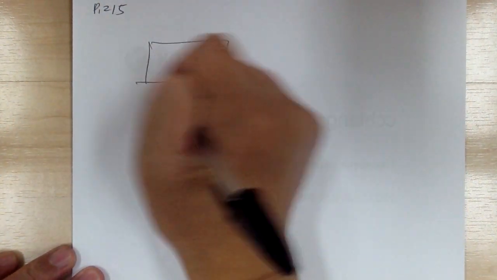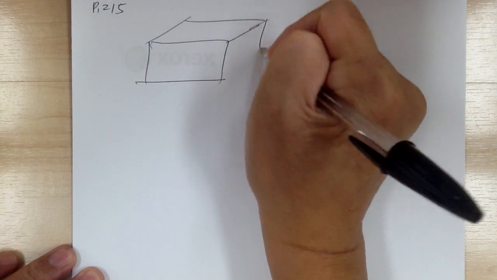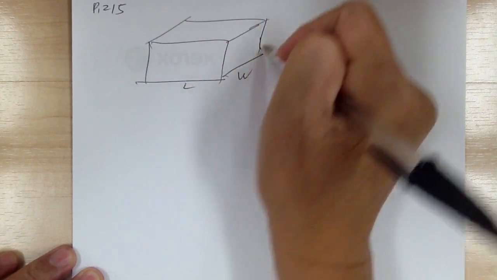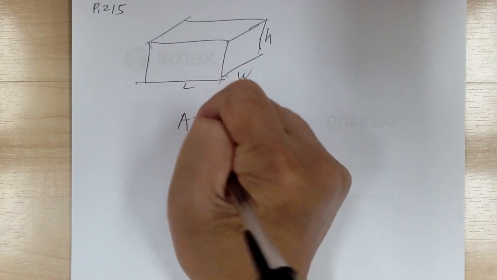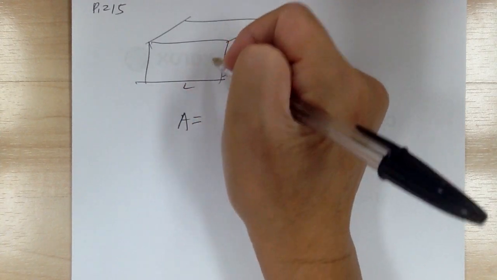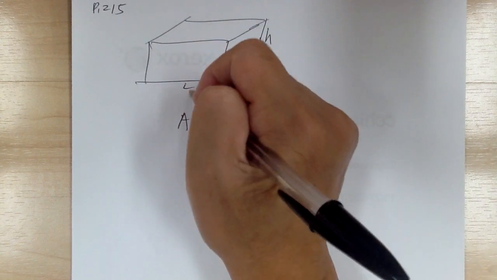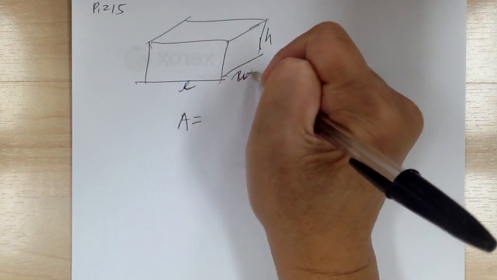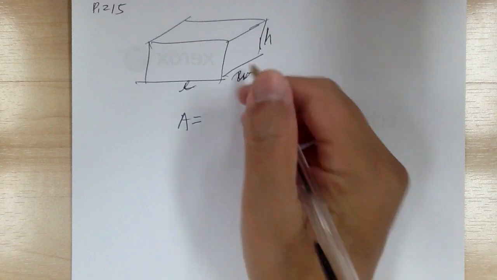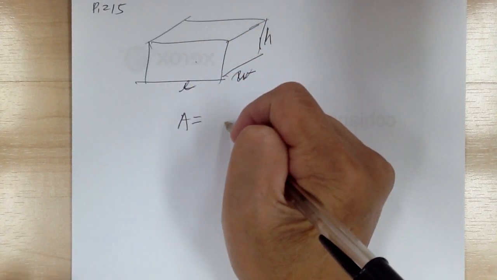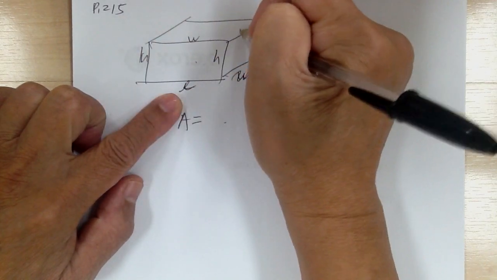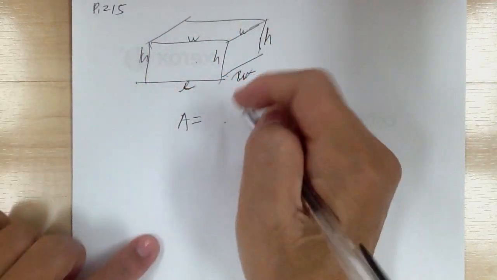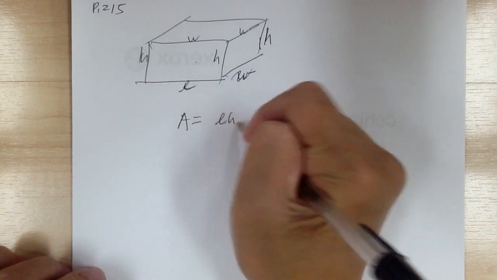And on page 215, it gives you a box. So you get length, width, and height. So the area would be, in this case they use small letters, so length, width, and h. Okay, so the front face would be the base times height, which is LH, okay?